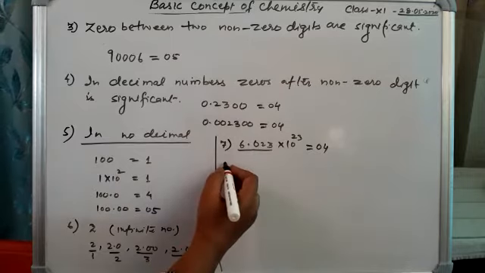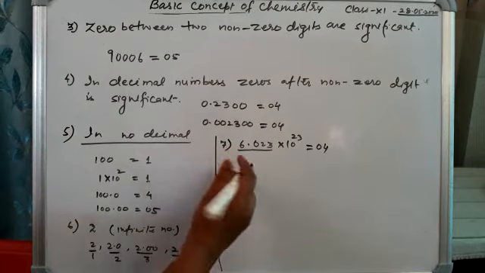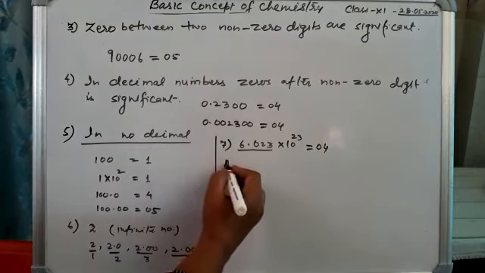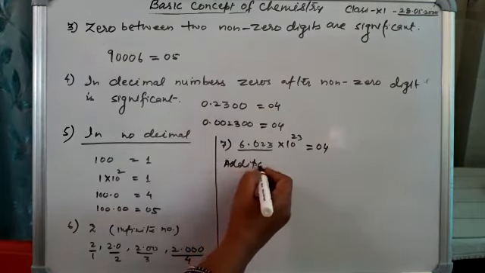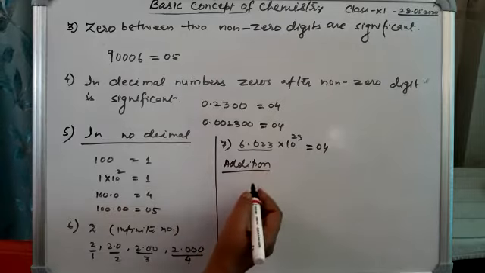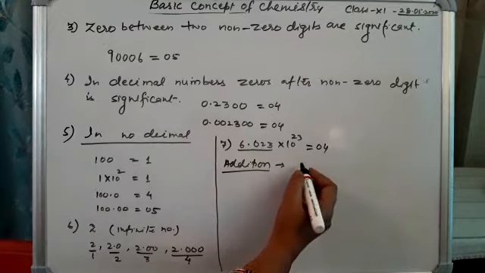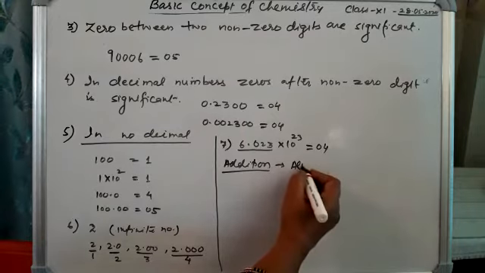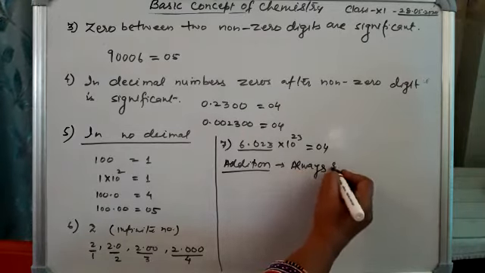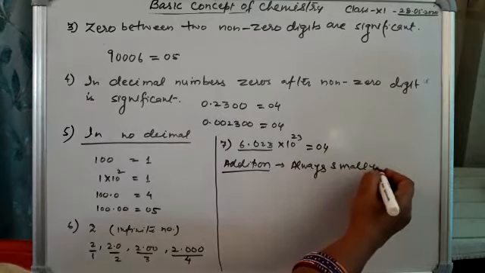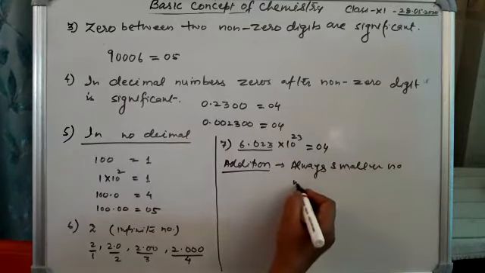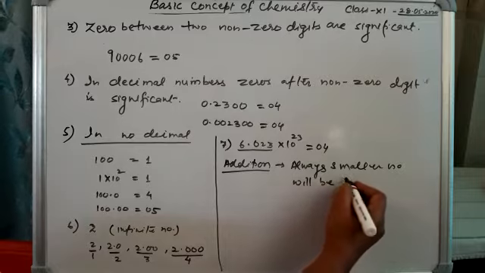Only 4. Number 8: in the case of addition, a simple method: the smaller number of decimal places will decide the significant figures.